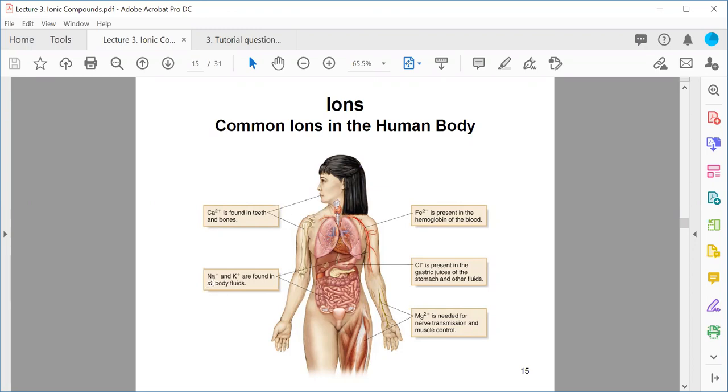What about this one? Sodium ion and potassium ion, found in all body fluids in higher animals, also found inside cells at different concentrations. What about in plants? Are sodium and potassium ions important in plants? All right, we have a yes, a yes.